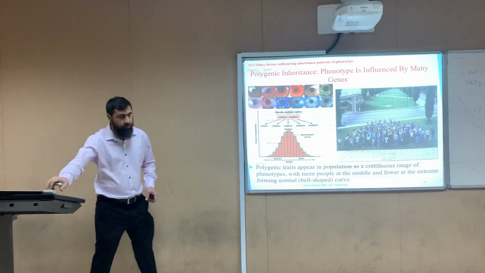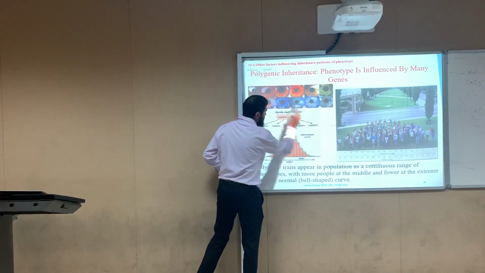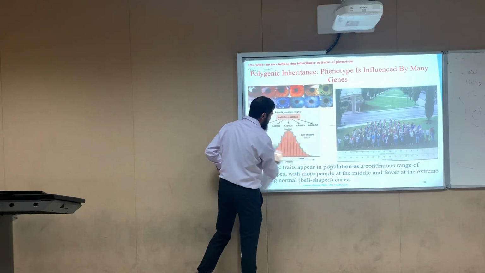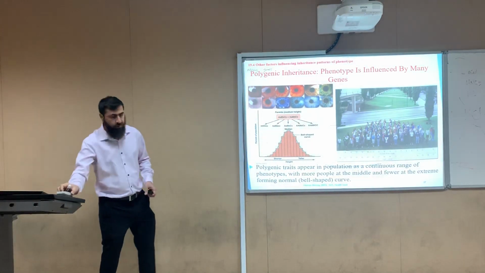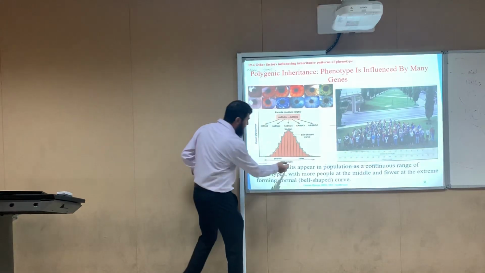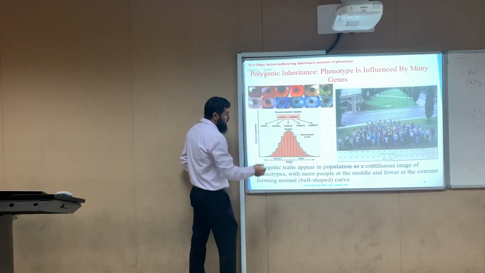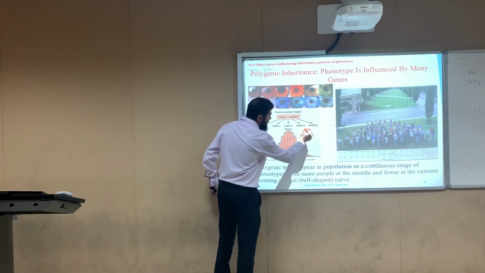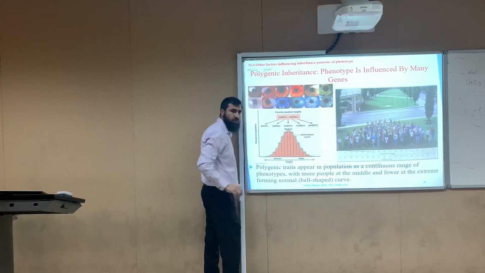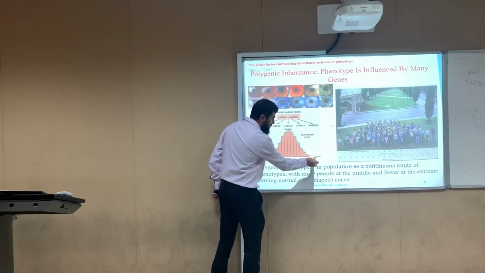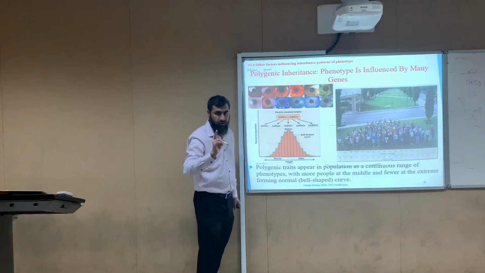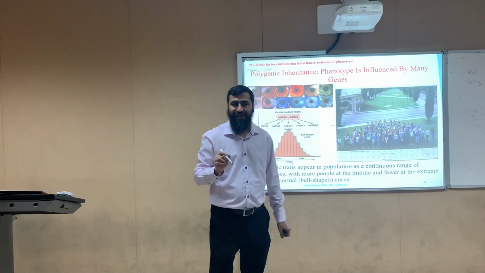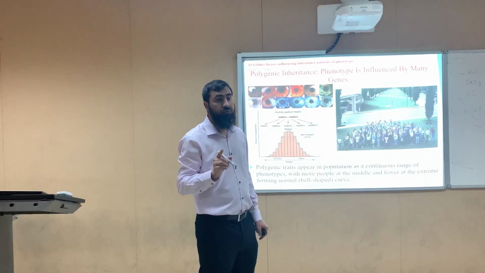If you have a look at this, for example, it shows height. You need the homozygous dominant alleles to be very tall.